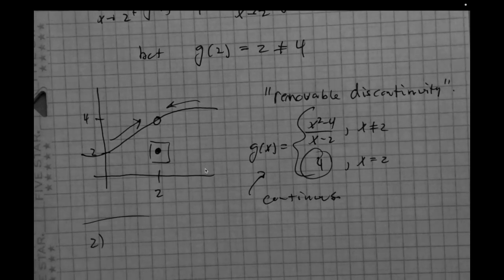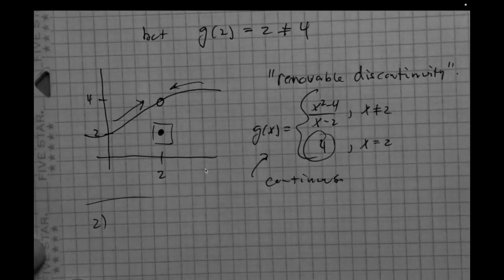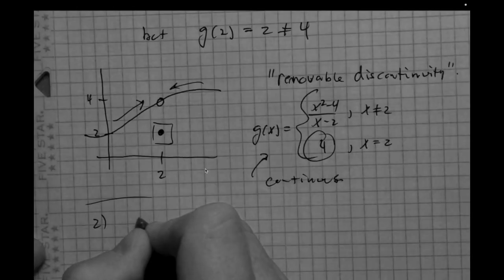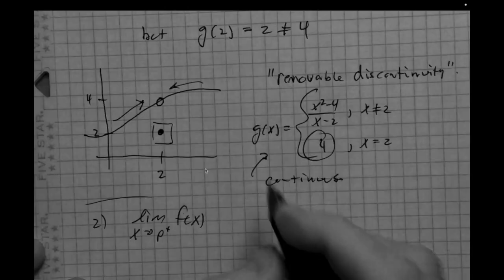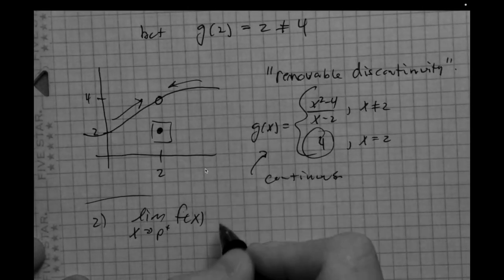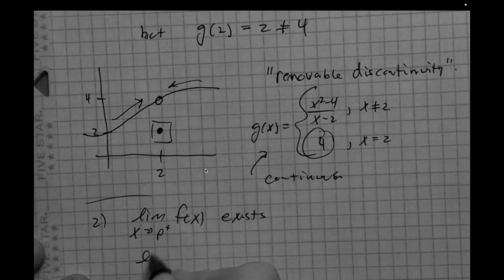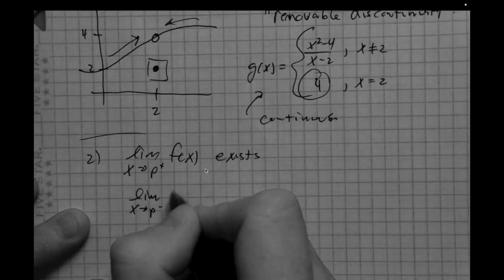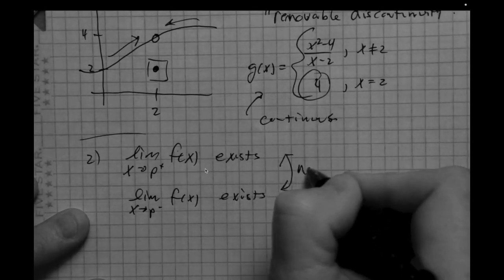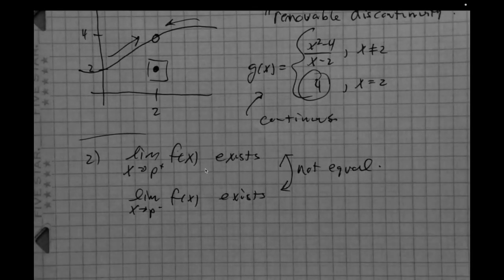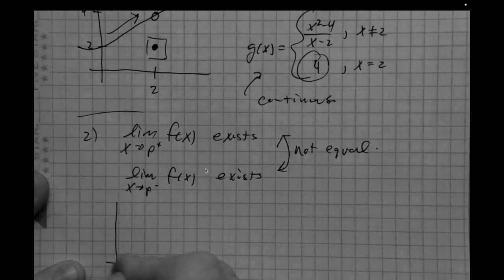The second type is what we would call non-removable. Another way to think of it, which I think is better, is a jump discontinuity. So in this case, the limit as x approaches p plus of f exists, and the limit as x approaches p minus of f of x exists. But these two are not equal. The picture that you probably have in your head is something like this.